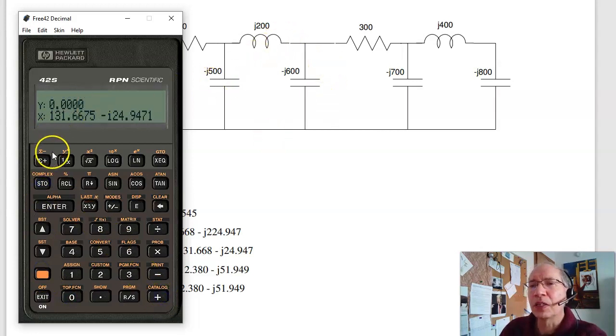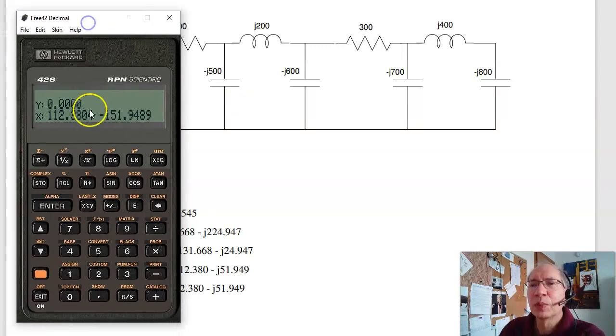In parallel, take the inverse, 0, enter, negative 500, complex, minus J500, take the inverse, add them, plus 100. So there's your answer, 212 minus J51 ohms.